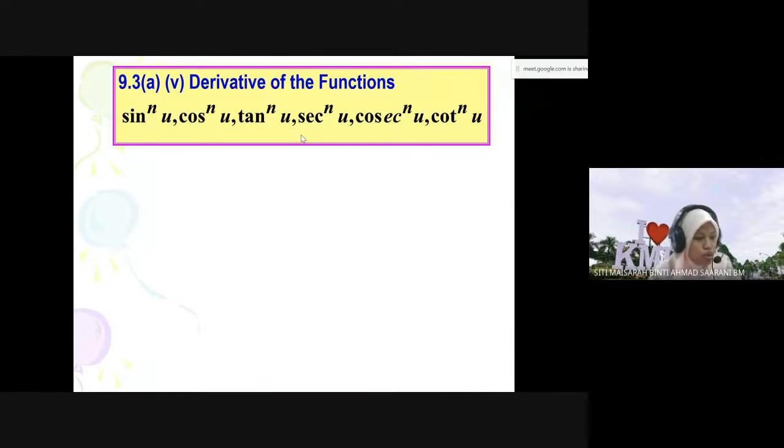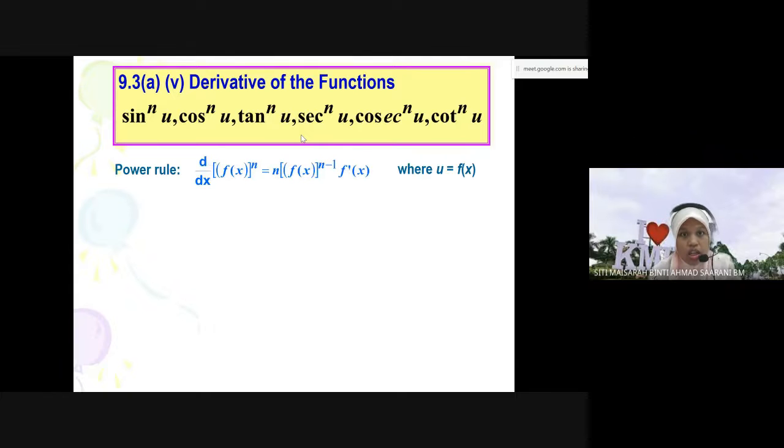Okay, so this is example 2. Then we move to the derivative of the function sine to the power of n u. This is involving the power rule for trigonometry.